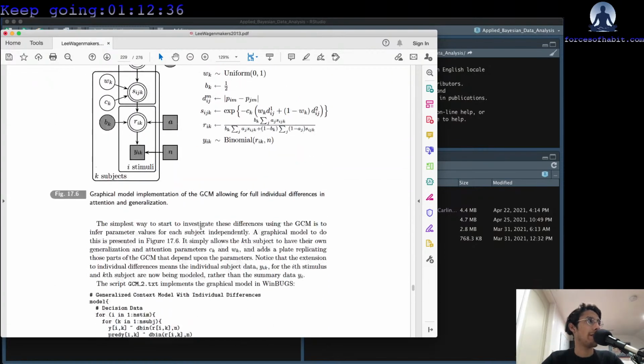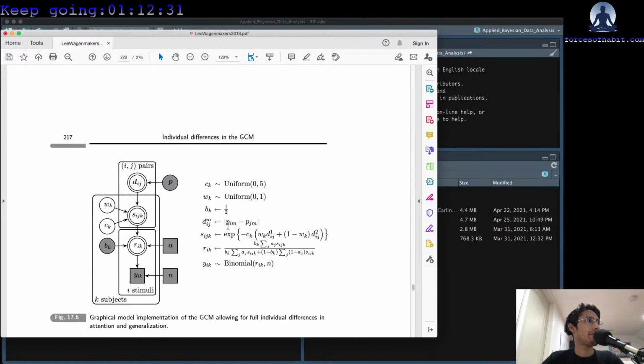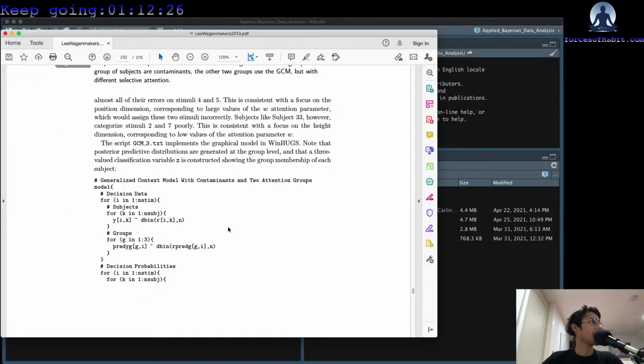We can look at the graph here, these 2. And that's consistent with the weighting on the attention parameter, because these 2 stimuli would look fairly similar to one another if one was only attending to the lines and not the heights of the boxes.